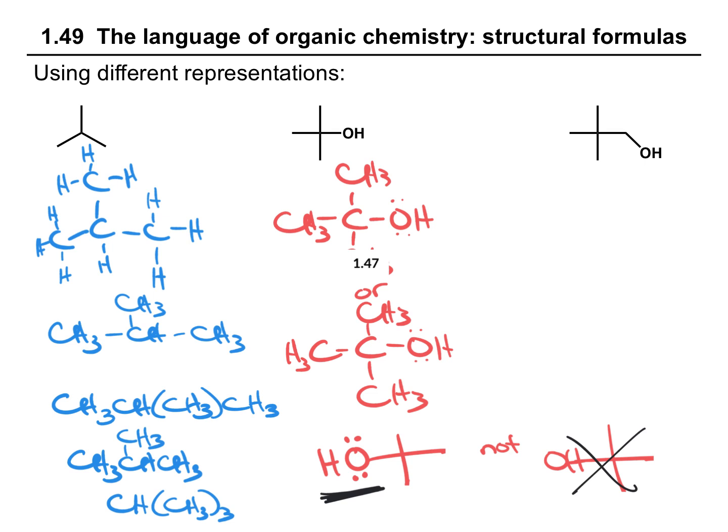So if you're drawing this, you need to be careful with how you show your bond to the oxygen because you want to be clear about whether there is another carbon or not. So this one would be CH3 connected to C, CH3, CH3, CH2, OH. All right, so this is another carbon, and so that's why this is here.